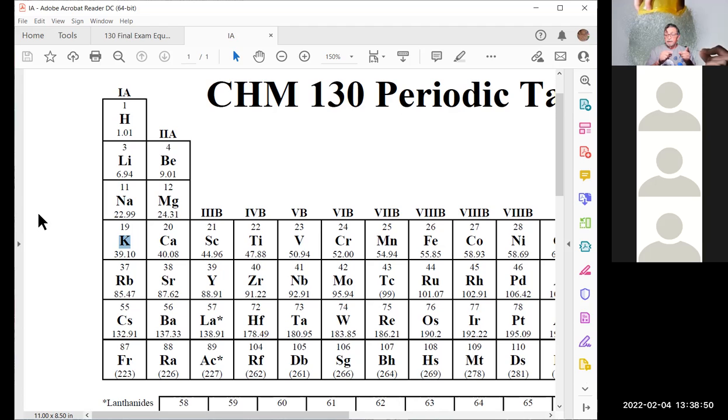If you have 19 positives and 19 negatives, what is your net charge? You can tell me that. If I have 19 positive charges and 19 negative charges, what net do I have? 0, exactly, okay? So all elements on the periodic table have a net charge of 0, okay? Net charge of 0.